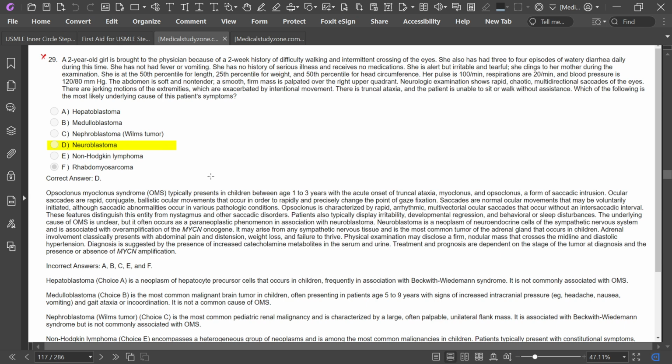Although saccadic abnormalities occur in various pathologic conditions, opsoclonus is characterized by rapid, arrhythmic, multivectorial ocular saccades that occur without an intersaccadic interval. These features distinguish this entity from nystagmus and other saccadic disorders.